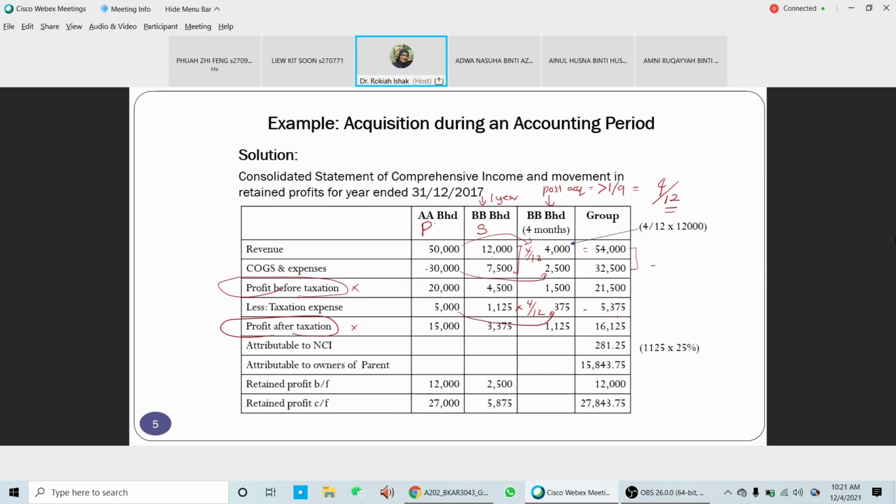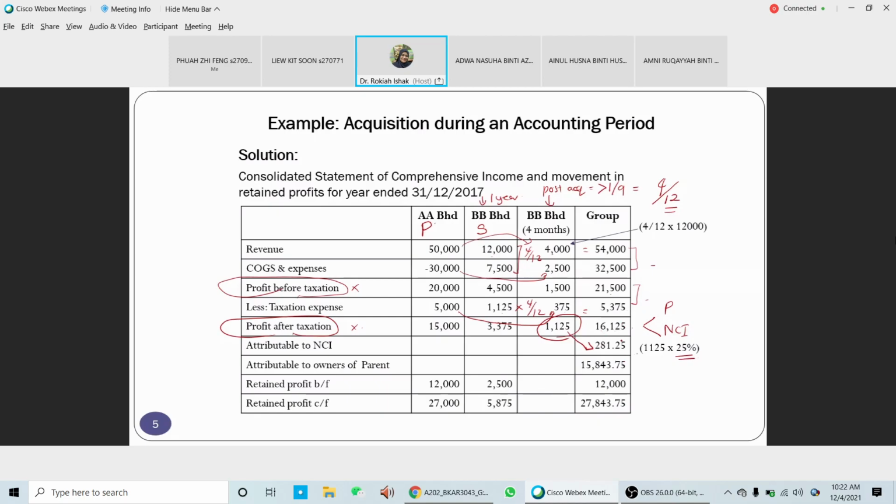So you're going to have 5,375 here. So minus these two figures, you're going to have 16,125. Okay, from this 16,125 here, we need to allocate to the parent and also to the NCI. So the NCI portion from this profit, 11,25 here, multiplied by 25%, going to have 2,8125.